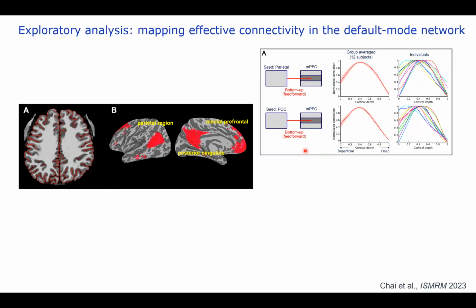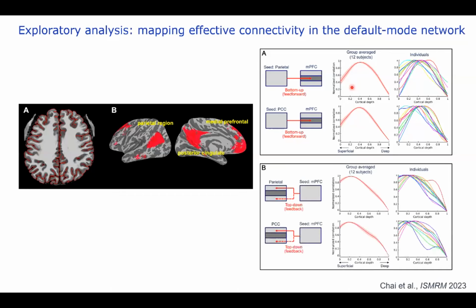If you use a seed in the parietal PCC region and look at the MPFC, you can see the profile in the frontal area peaks in the middle layer, suggesting a feed-forward input to the frontal area. Reversely, if you put a seed in the anterior area and look at the layer profiles in the posterior area, it peaks in the superficial layers, probably indicating a feedback input to the posterior portion of the brain.